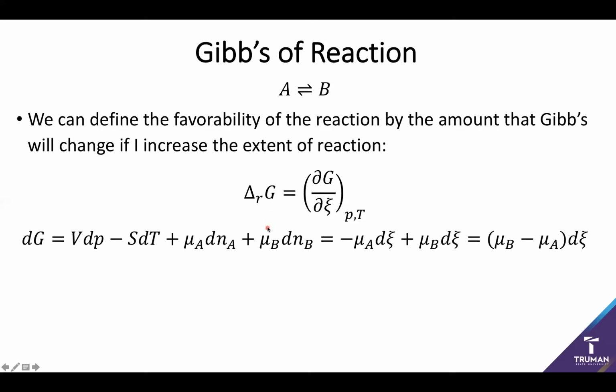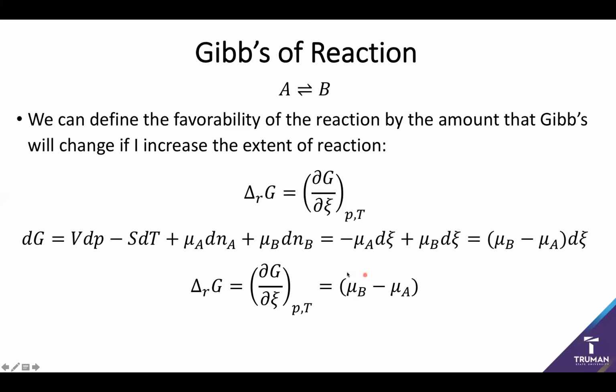Now, if I go back to the free energy of reaction, well, that's just the change in free energy with the extent of reaction, which, well, all I need to do is pretty much divide out this last term, and we find that the Gibbs free energy of reaction is simply going to be the difference in the chemical potentials of B and A. Where if I have a lower chemical potential for B, well, this is going to tend to give me a negative free energy of reaction, so I'm going to favor product.